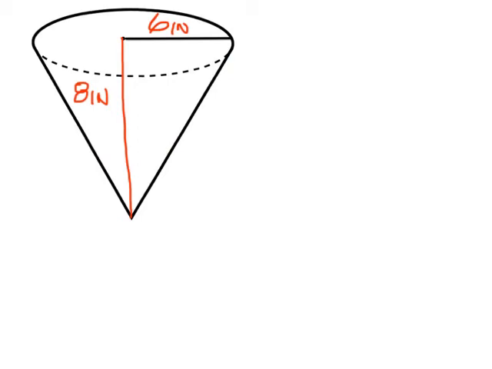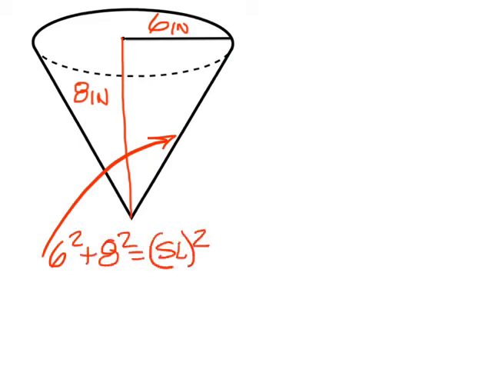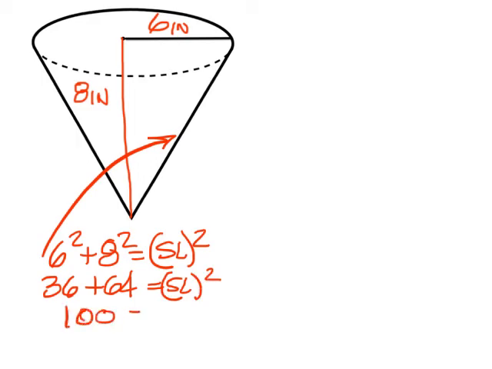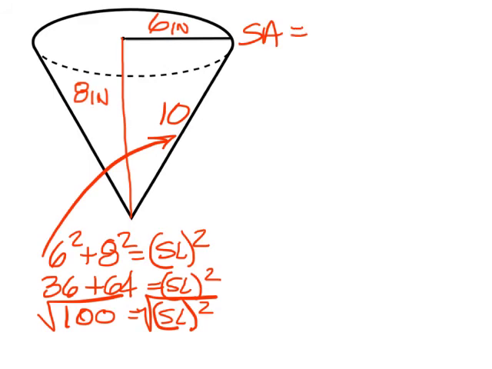Solution for the practice problem. We have to find this first, the slant height, and that is 6 squared plus 8 squared equals slant height squared. That's 36 plus 64, which will add up to give you 100. And to find the slant height, you must find the square root of both sides, and that comes out to be 10. The surface area is equal to pi r squared plus pi rl, and plug in what you know.